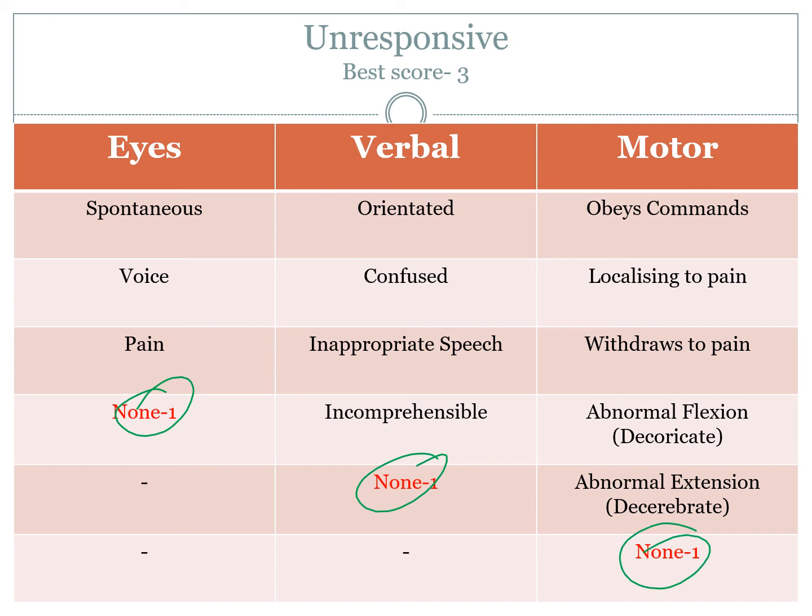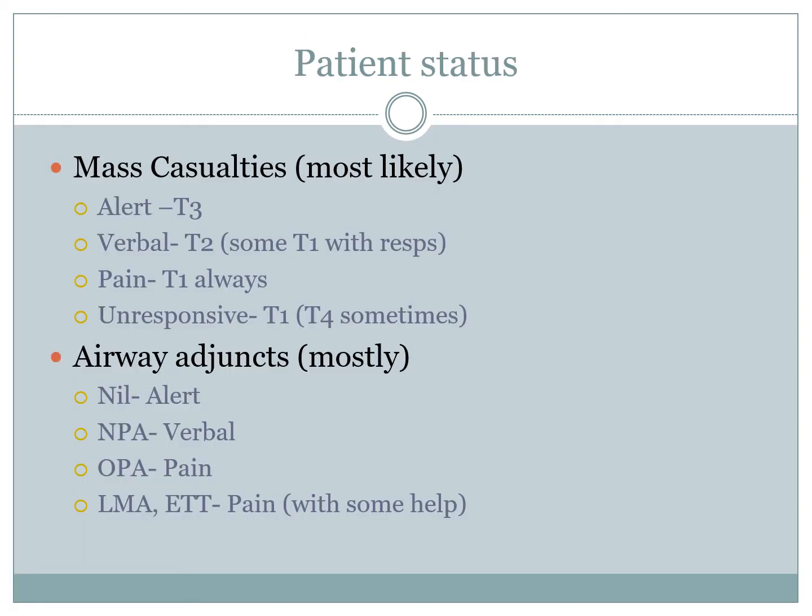That is your unresponsive. Okay, so that's a lot of words, a lot of connections, but how are we going to utilize this information? What does this information actually mean? So obviously doing AVPU is quite quick. Yes, it's the exact same test as GCS, but you don't have to do that internal calculation.